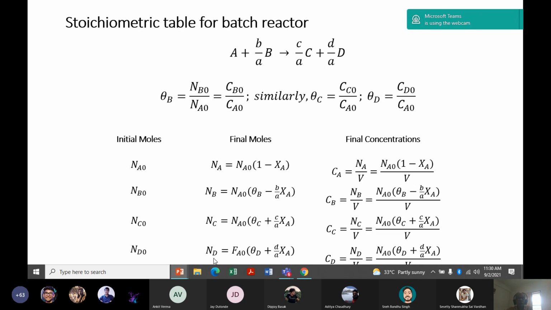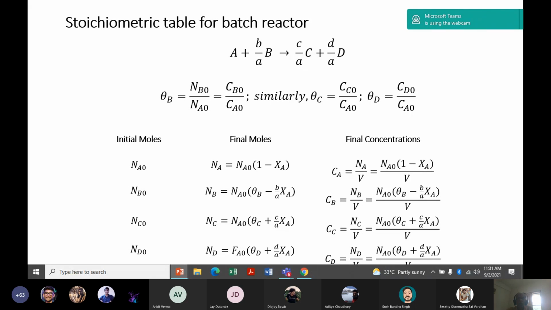Then we write NB, NC, ND. You observe that for B also it is negative, but for C and D it is positive. So the sign depends on the position of the species: if the species is on the left hand side it is negative, and if it is on the right hand side it is positive.